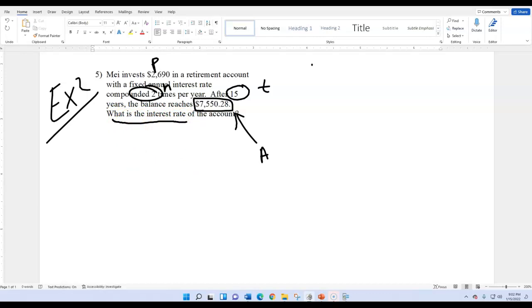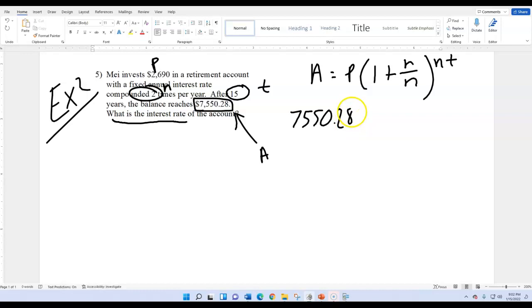So we're going to take our compound interest formula, which looks like this, right? And just so you know, that's an R, it's not an N. The A value, we know this time, it's $7,550.28.